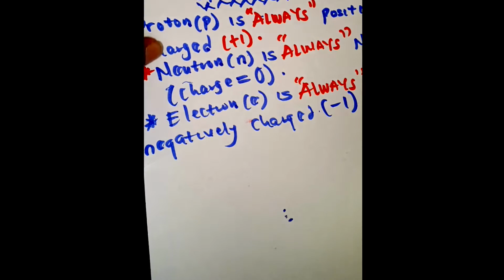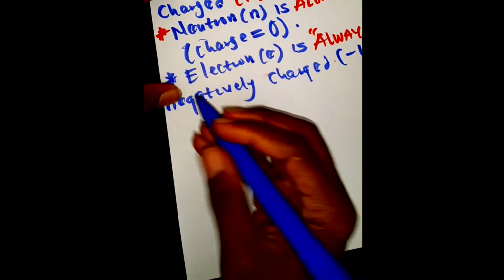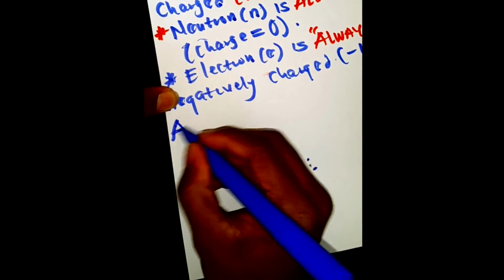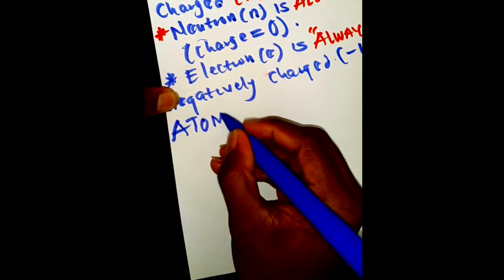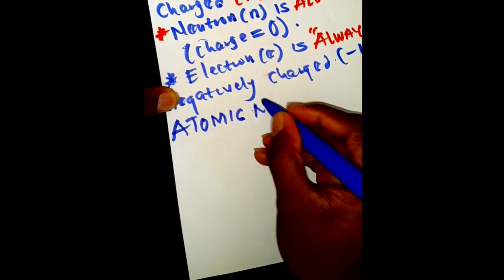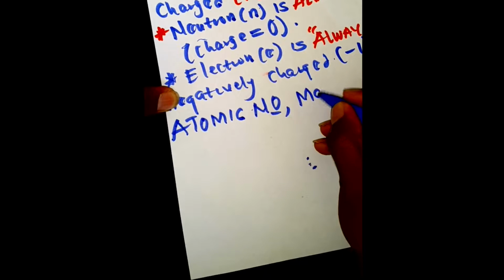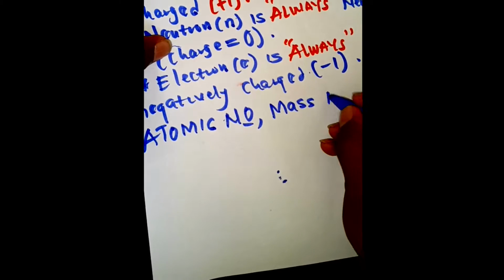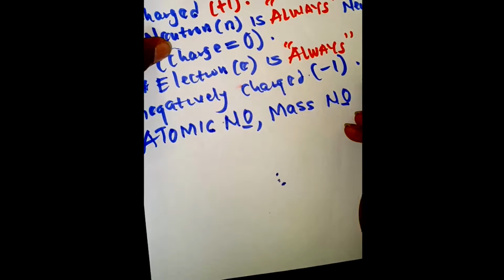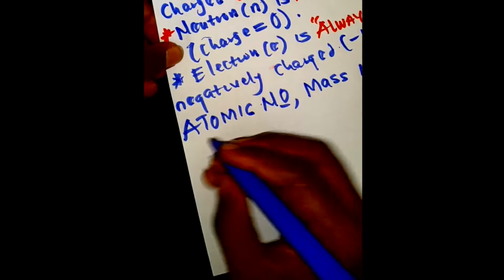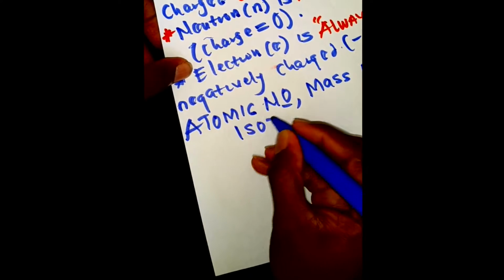Then let's talk about the atomic number, mass number, and isotopes.